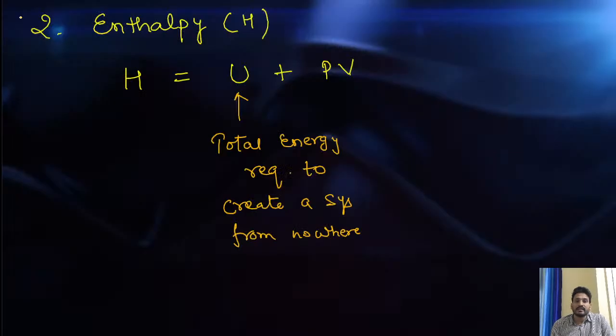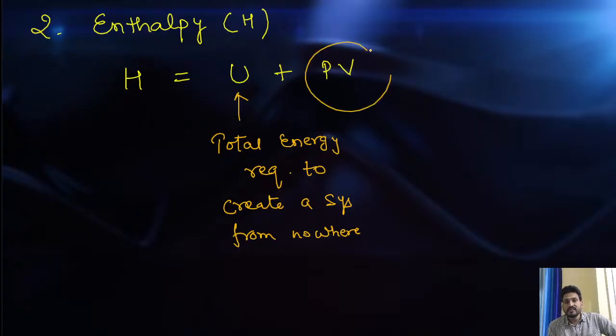That's why we call it the total energy required to create a system from nowhere. Nowhere means molecules are randomly distributed. We pick those molecules and we do the work done against it and store some energy. I hope that you have some picture in your mind. That's what I'm trying to say. Is it clear to you?